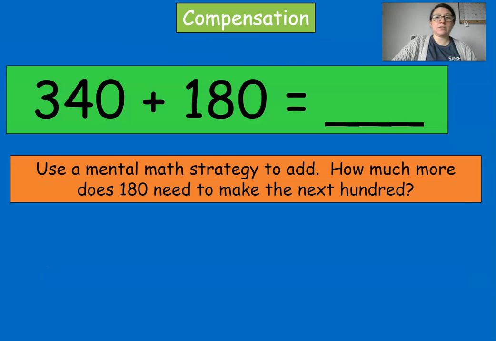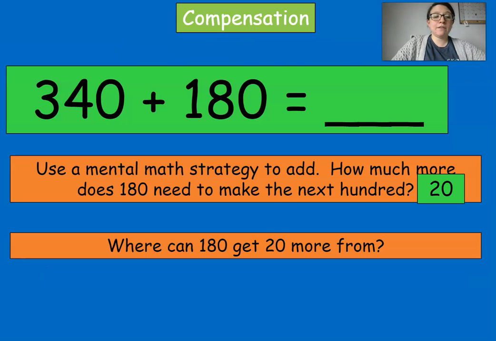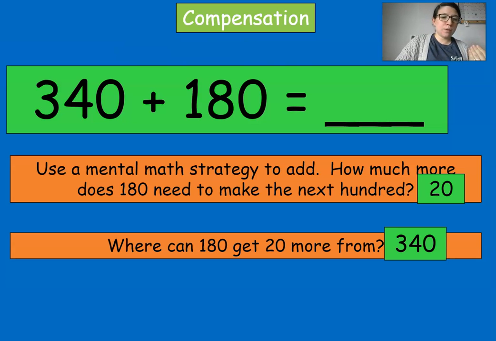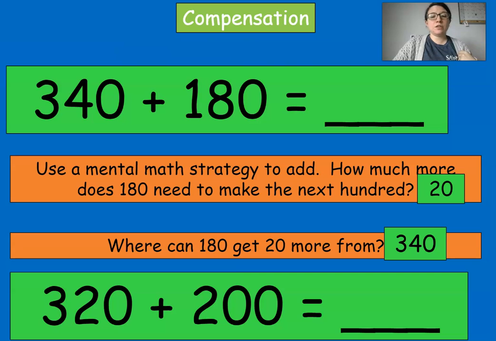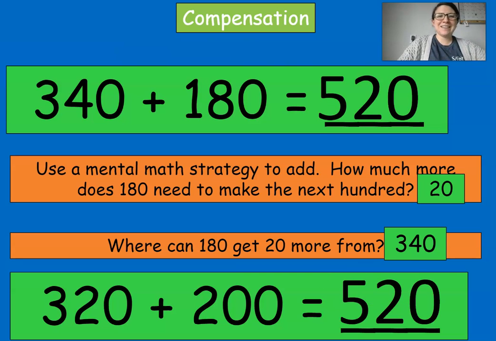Excellent, it needs 20. So we're going to take that 20 from the 340. When we do that, remember, we're going to take it away. What's our new number sentence going to be? 320 plus 200 is going to give us 520. Nice work, guys.